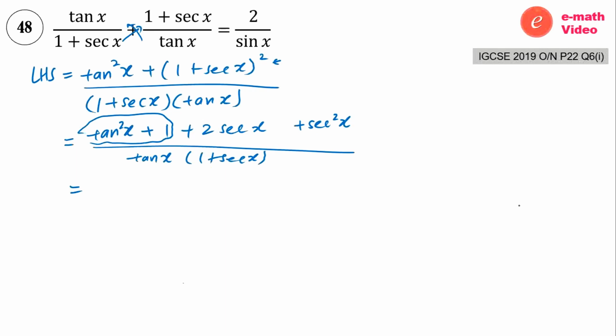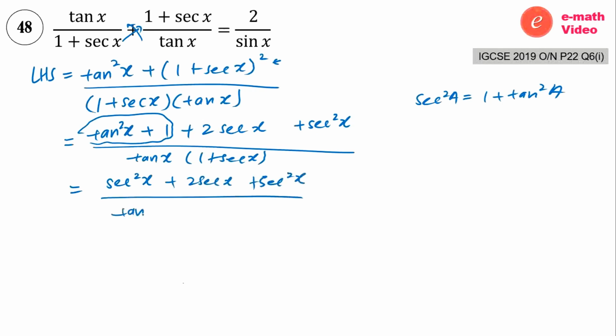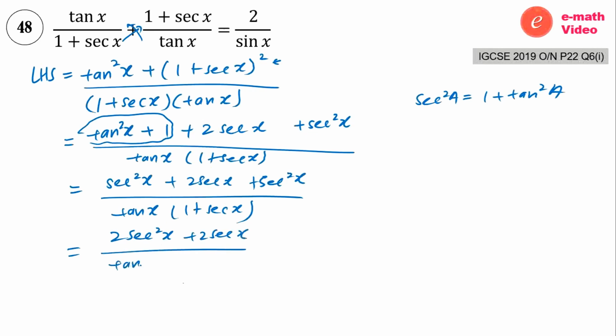We have one of the formulas, which is secant square a equals to 1 plus tangent square a. Secant square x plus 2 secant x plus secant square x over tangent x times 1 plus secant x. So we have 2 secant square x plus 2 secant x over tangent x times 1 plus secant x.